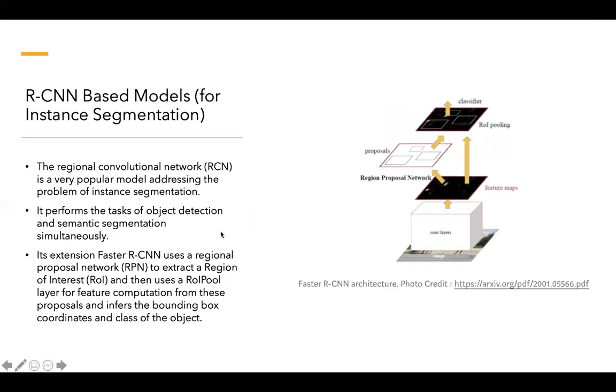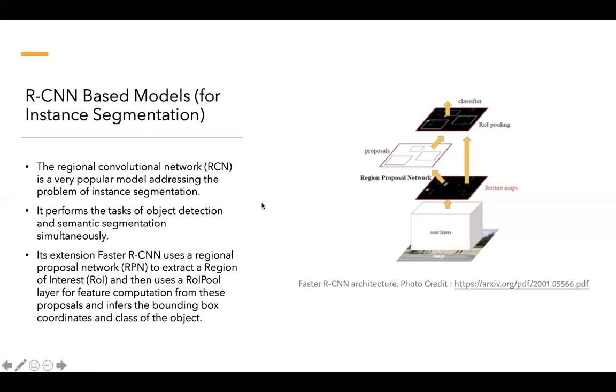Then talking about the regional convolutional networks for instance segmentation. It addresses the problem of instance segmentation well and performs the tasks of object detection and semantic segmentation simultaneously, which is quite an interesting thing.